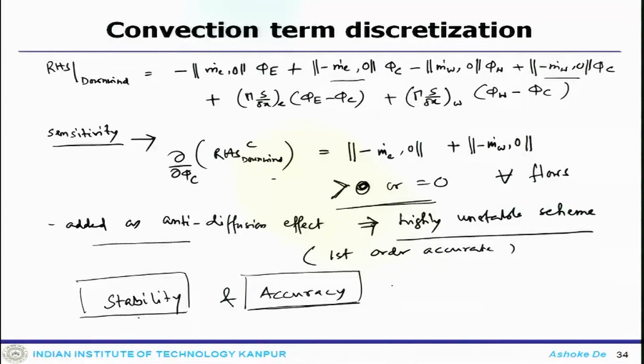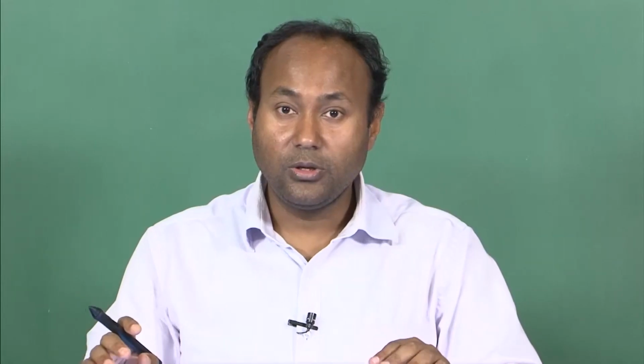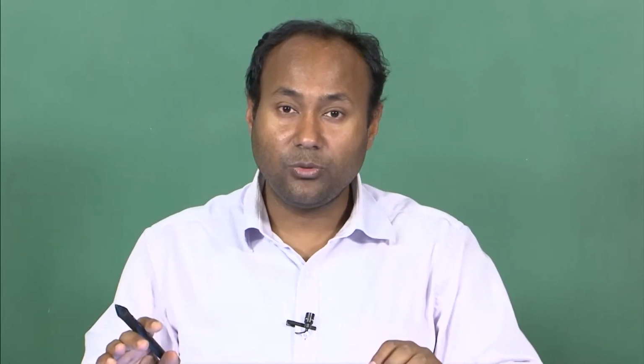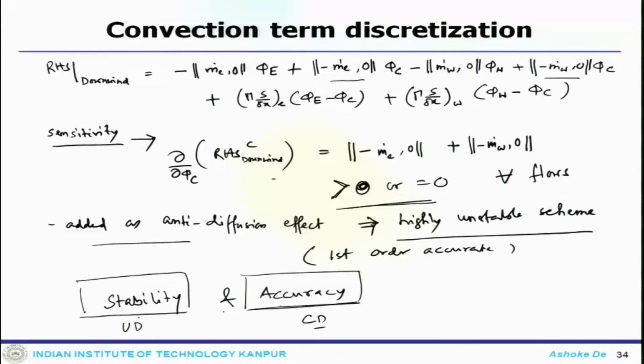The upwind scheme is stable but does not provide an accurate solution. The CD scheme is highly accurate, but it does not provide a great level of stability. So, these are two important things where one has to make a trade off between stability and accuracy, and we carry forward the discussion with the schemes we have seen so far.